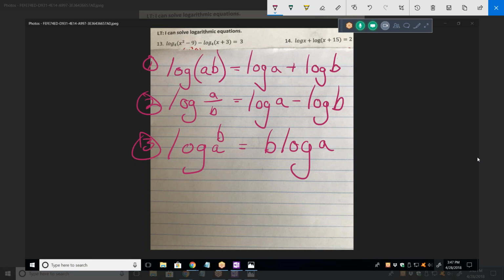So the right side is always one mathematical step less than the left side, right? In other words, addition is one less step than multiplication. Subtraction is one less step than division.